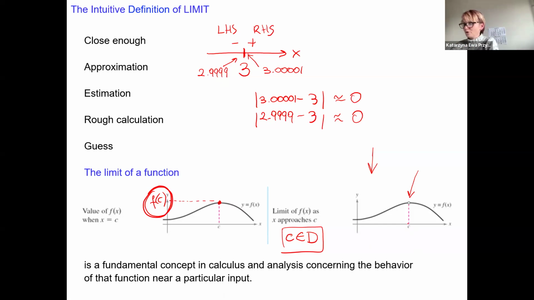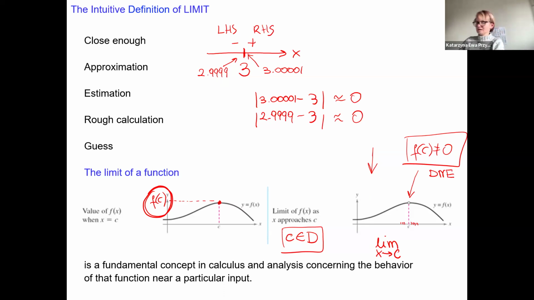Now, for the limit, we will check a couple of x values on the left-hand side and a couple of x values on the right-hand side, and we will get closer and closer to c. We say x approaches c, but this doesn't mean that it's equal to c. We don't even have the value. I can say the exact value does not exist. Let's put empty.